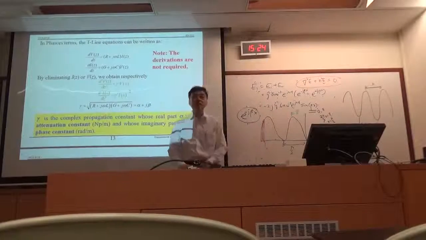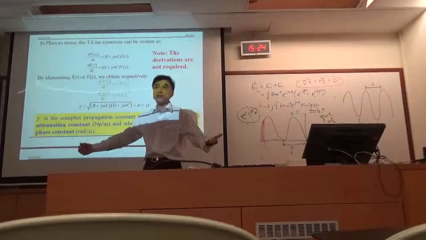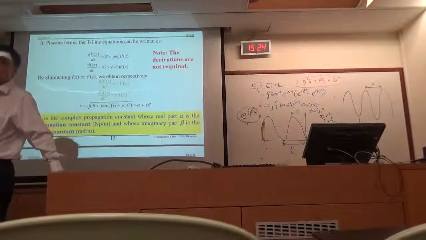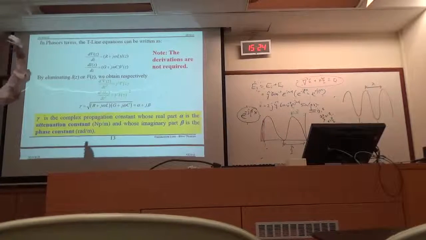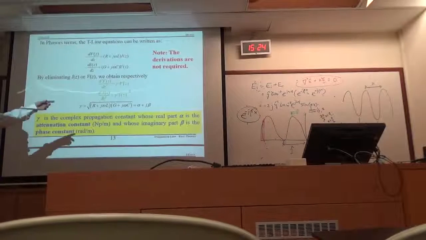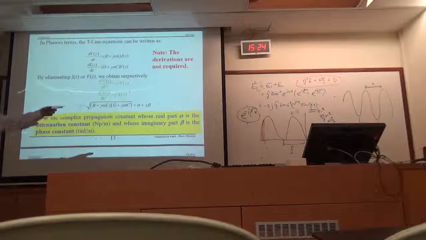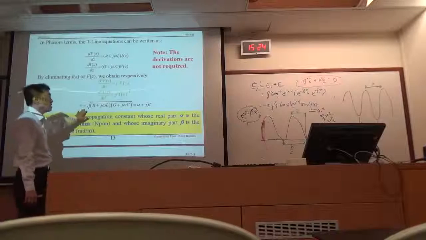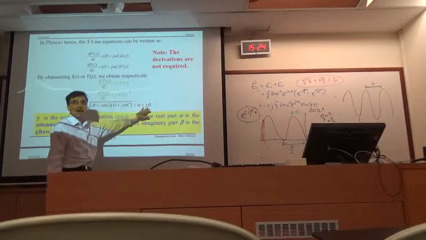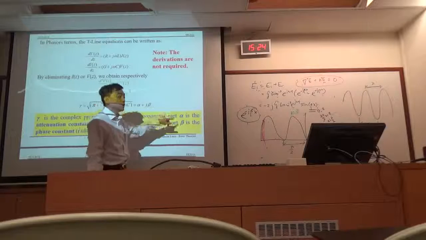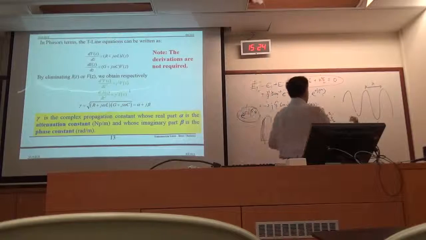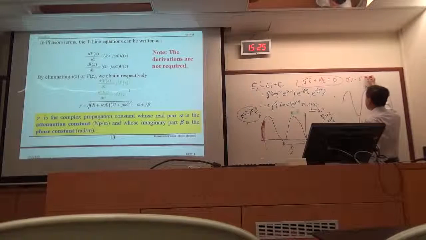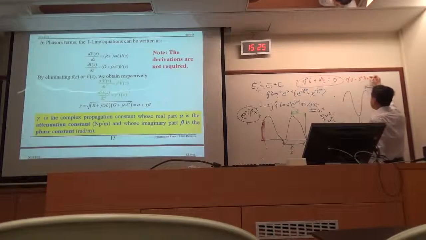So actually, you can see that all roads go to Rome. No matter whether you analyze using KCL and KVL or using Maxwell's equations, everything goes back to your Helmholtz equations, the wave equations. And gamma is equal to alpha plus j beta. Now I write this as del squared V minus gamma squared V equal to 0.